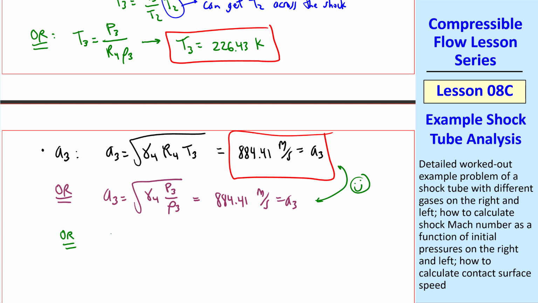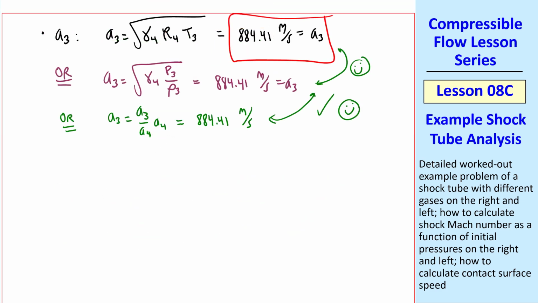Or, since we have an equation for a3 over a4, and we know a4, we can calculate a3 that way, again agreeing with our previous values. I like to do these as checks to make sure I didn't make any errors. And of course I encourage you to use software to calculate all these values.